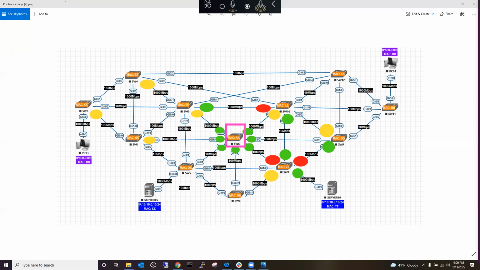So if we go 7 to 9, 19, up to 10, 23, now to the root. So I'm saying gig 0/3 is going to be designated on switch 7. You said which one, Claude? Gig 0/3 is going to be designated? That's what I'm saying. Yeah.